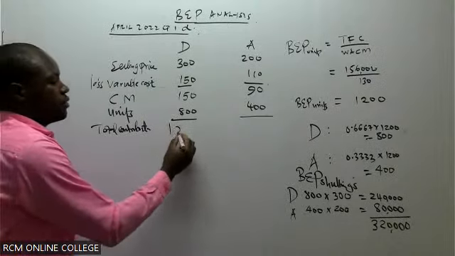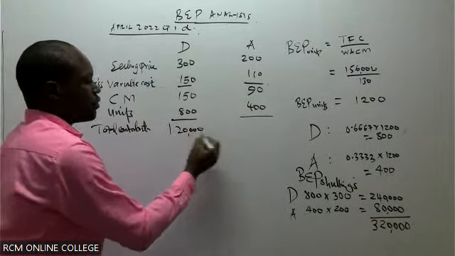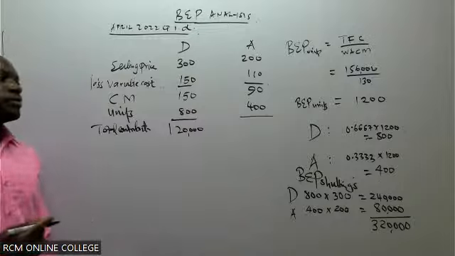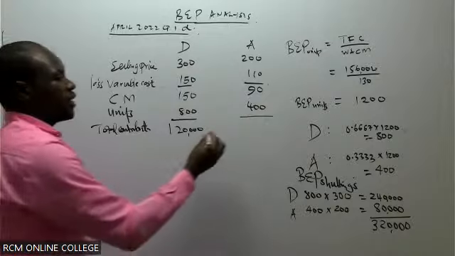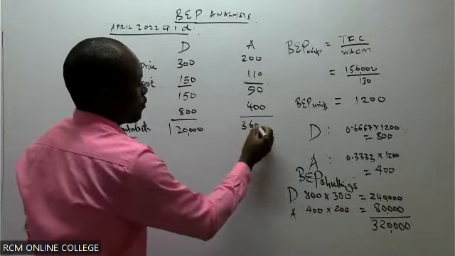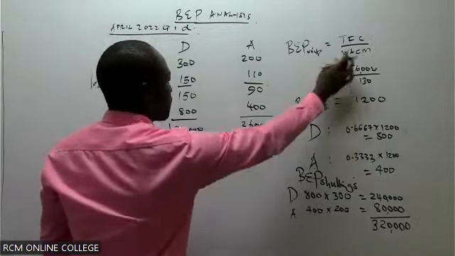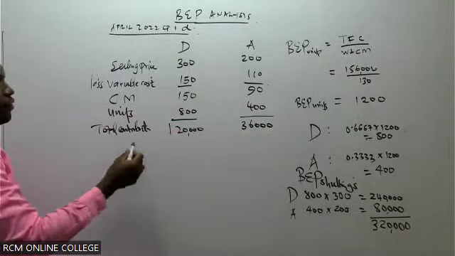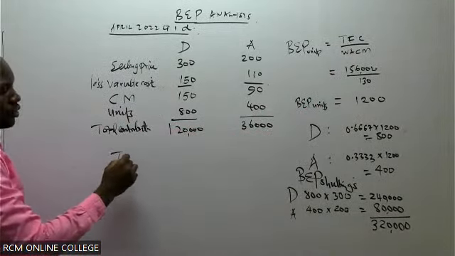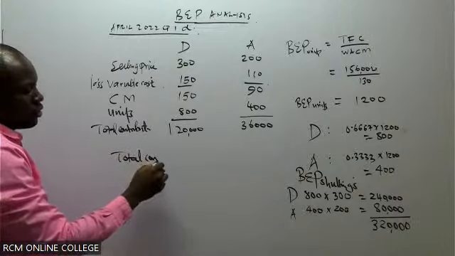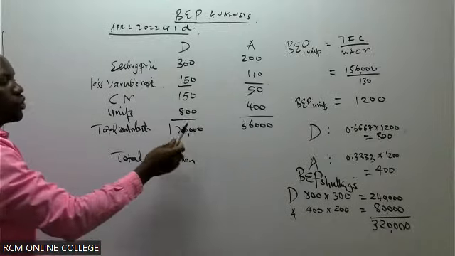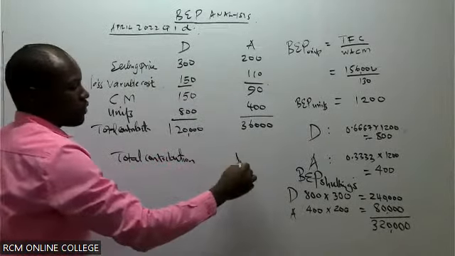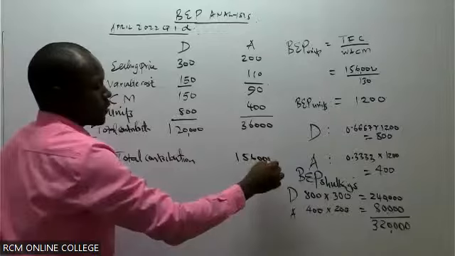$120,000, is it? How about A? 90 by 400, 36,000. Not forgetting our fixed cost, so don't forget it. So if you now come here and give us total contribution, you take this plus this, we are having 156,000, is it?